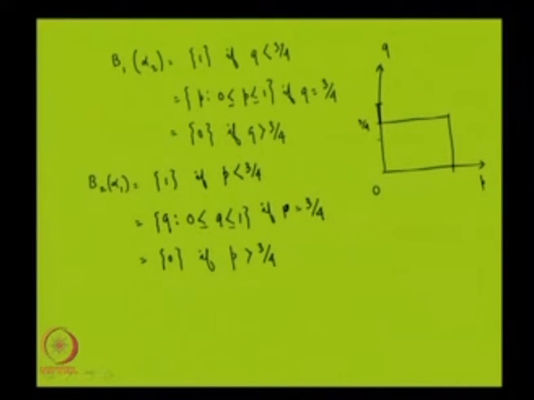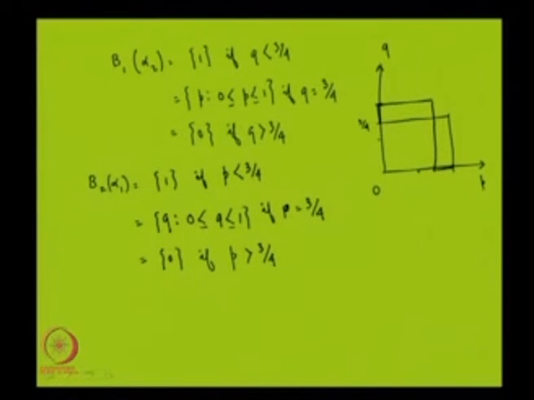So, let us suppose this is 3/4 value of p, then if p is less than 3/4, q is equal to 1. If p is equal to 3/4, q can take any value, and if p is greater than 3/4, q is equal to 0.